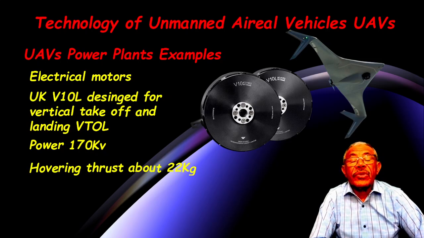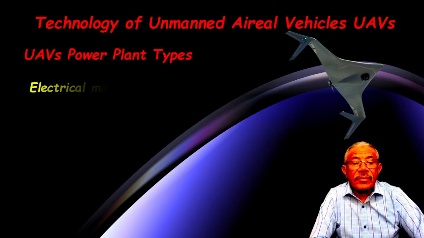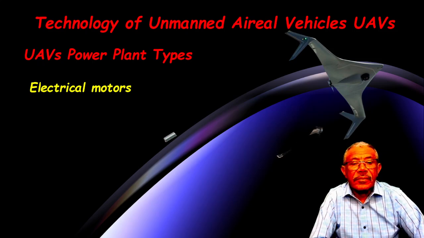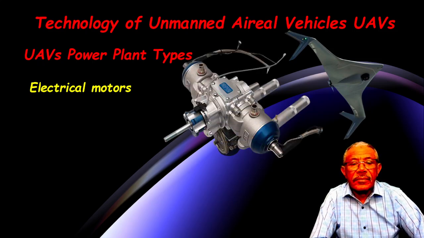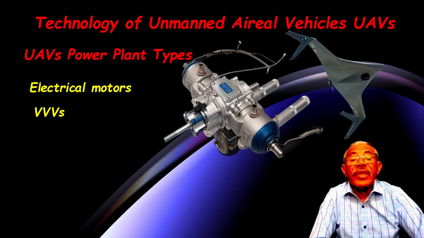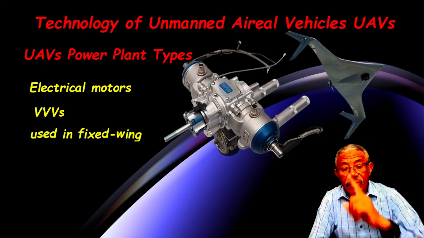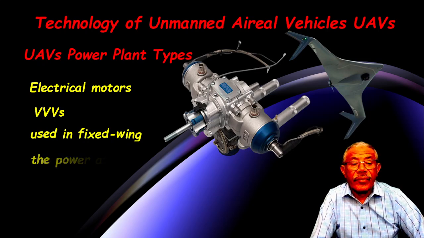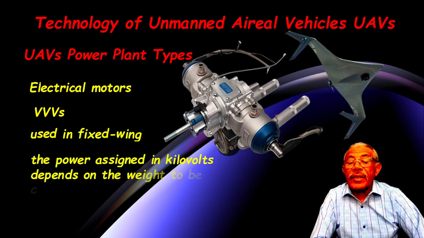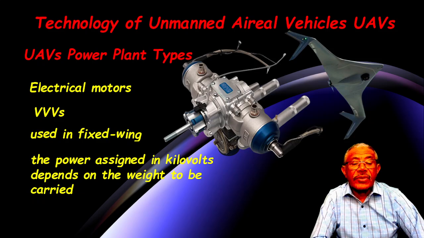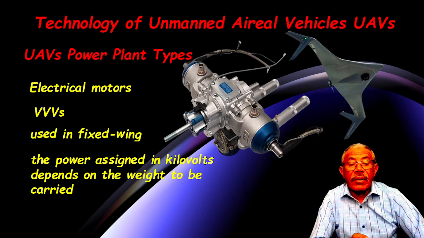Hovering thrust is about 22 kilograms. VVVS, used in fixed wing only. The power, assigned in kilowatts, depends on the weight to be carried.